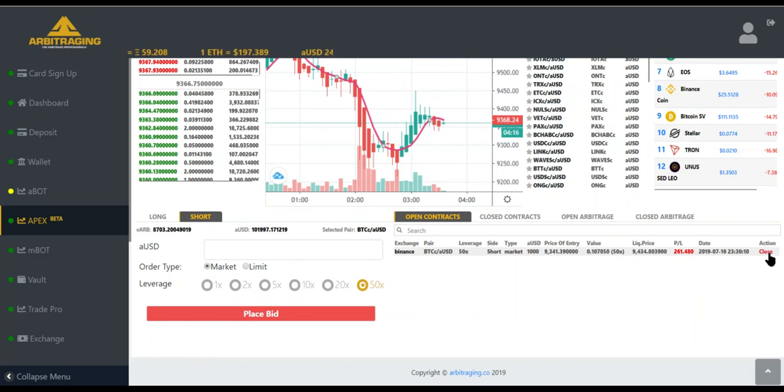Let's see if it jumps up above our moving average. So we're going to have one win and one loss. Still underneath. Still fighting to stay in.